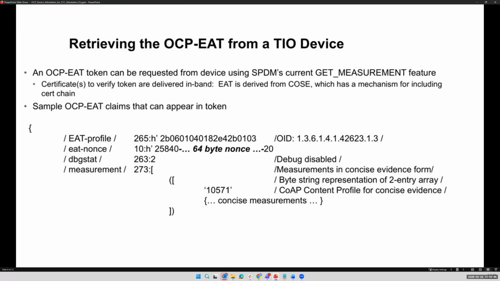There are several other optional claims that are defined, and you can go to the public-facing spec to see what those claims are. But that was also a motivation for wanting to use EAT rather than just focus on COSE wrapping of concise measurements. I think we can go on.